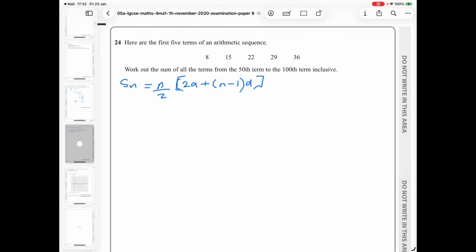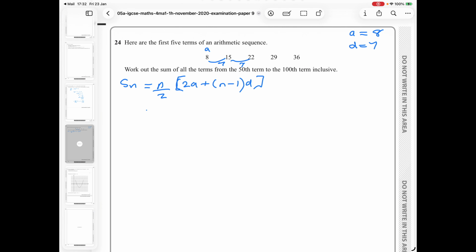So let's work out what the things are. The difference between each is 7, so that means d equals 7. The a is 8, because that's the beginning one. And you want me to work out the sum of all the terms from the 50th term to the 100th term. So what I'm going to do is the 100th term first.